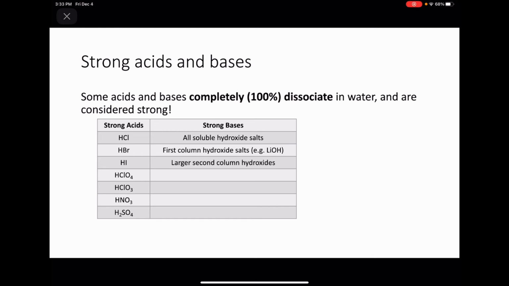The strong bases, the list is really simple. It's all your soluble hydroxides. So hydroxides are your strong bases. So basically any of your first column hydroxide salts, so lithium, sodium hydroxide, any of your larger second column hydroxides, the ones that are soluble, are also strong bases. You need to learn this list. I don't ask you to memorize too many things, but this list of strong acids and strong bases, if you memorize it, you'll save yourself a lot of trouble.